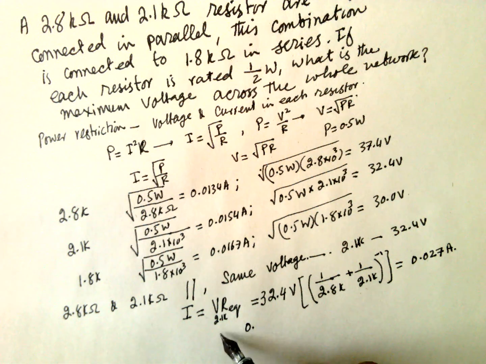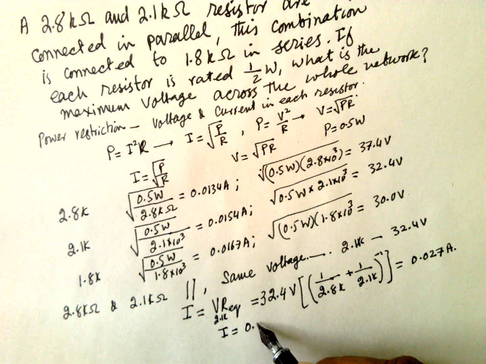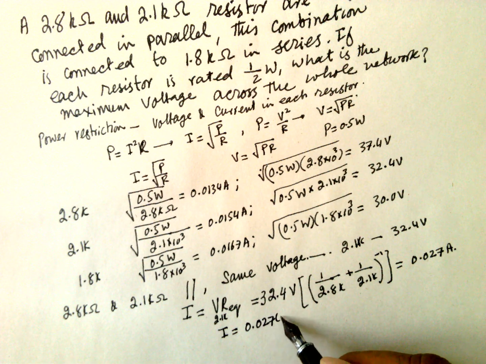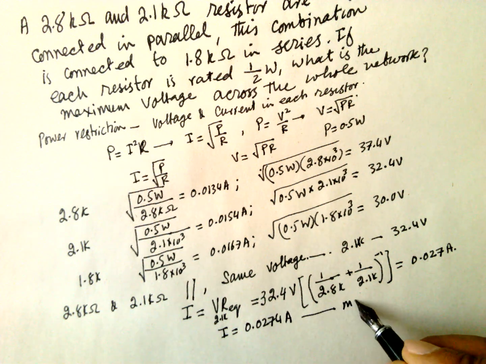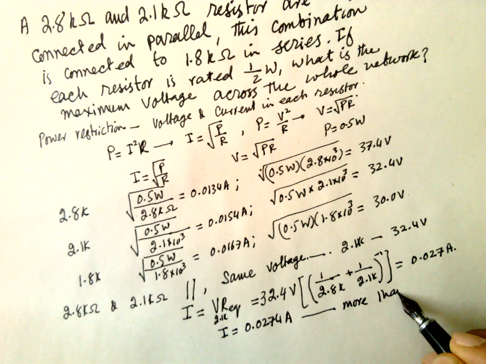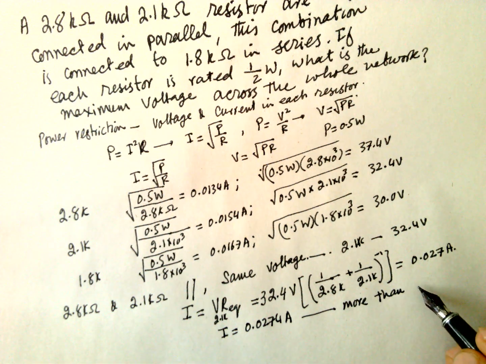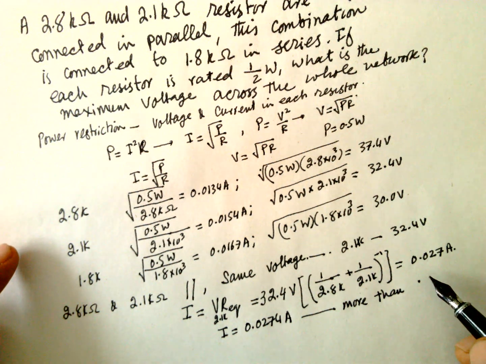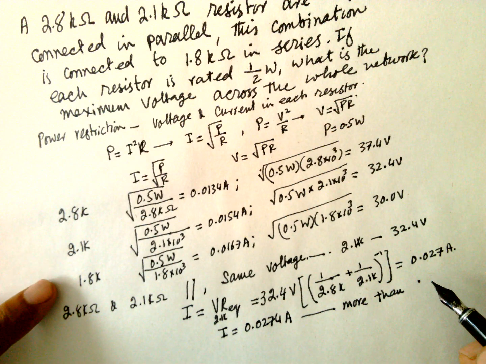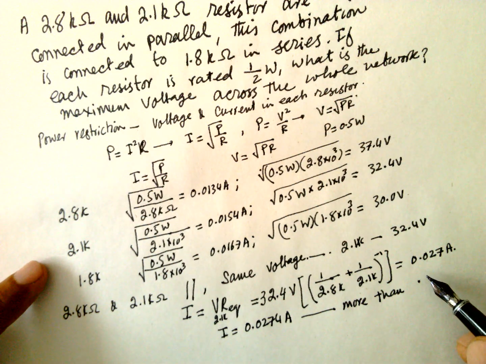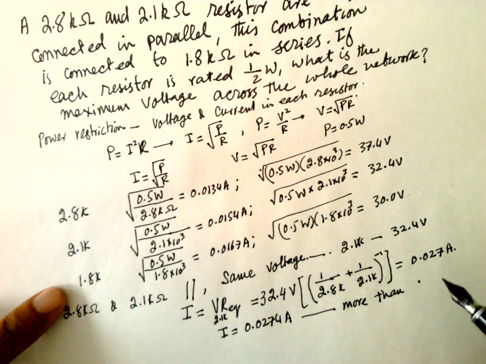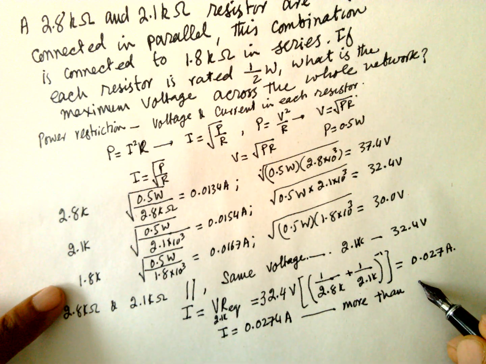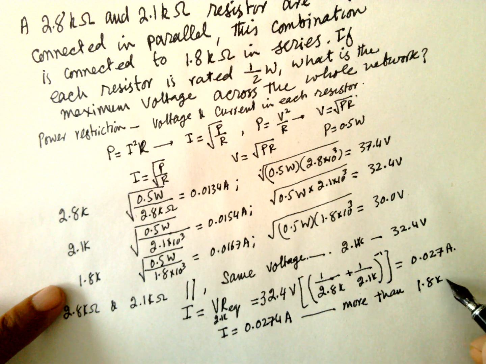But this is more. The current I, 0.0274 amp, is more than the rating of the next one, the rating of the 1.8 kilo ohm, which is the next one.